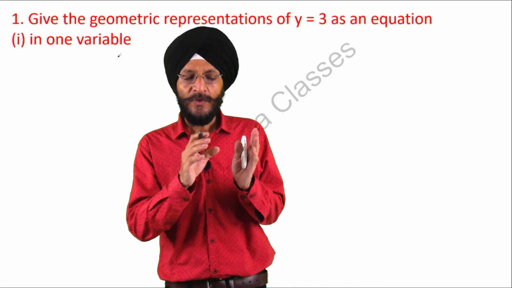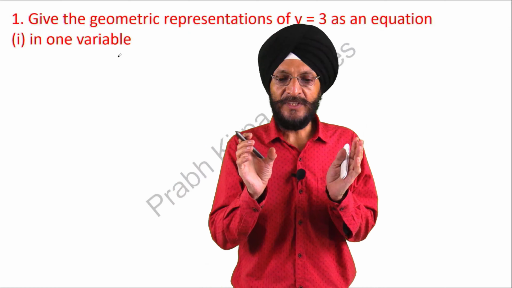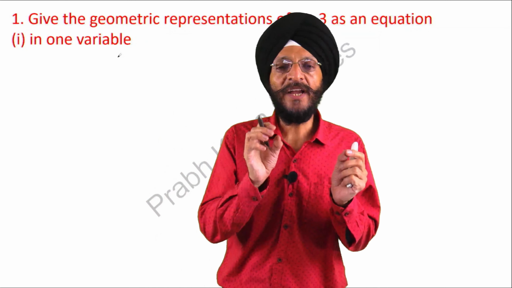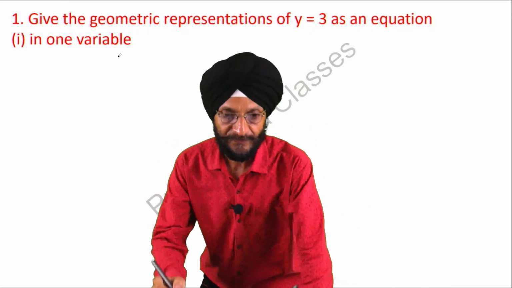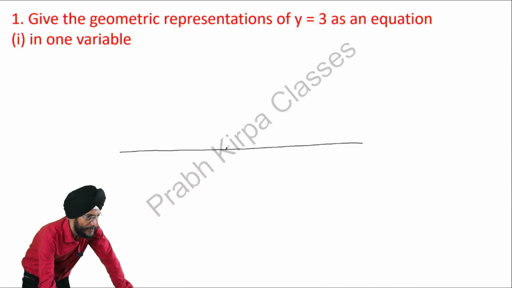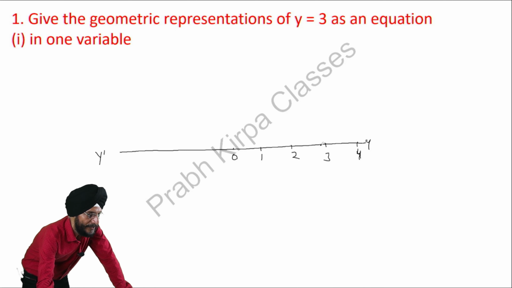So here, when we are to draw the geometrical representation of linear equation in 1 variable, we have to draw a number line. This is the number line. Here we write 0, here 1, here 2, 3, 4. It is the y-axis, the y number line.